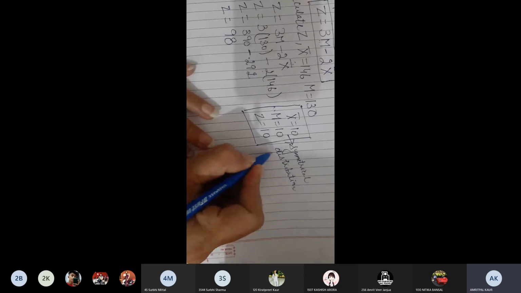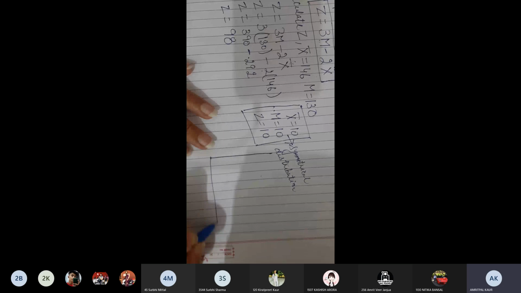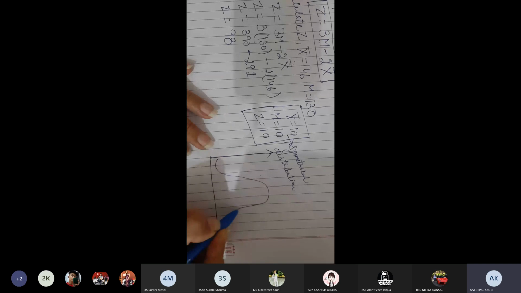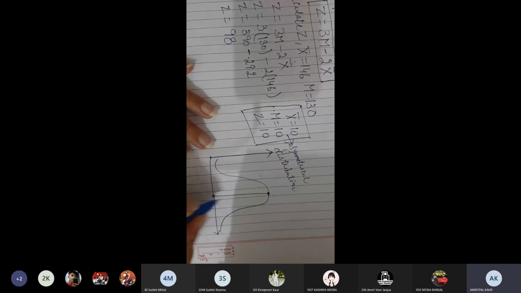I am going to draw one curve. For example, if I plot the values of the same statement in one diagram, the curve I get will be like this only. This is the middle point, and at this peak point, mean, median, and mode, all three, are equal.